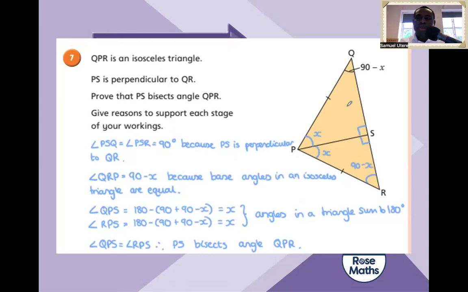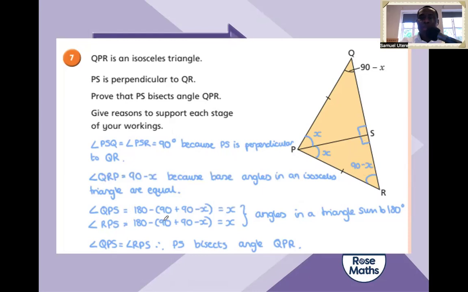If the base angles must be equal, and this angle were X and this is X, then whatever is left would have to be, if we add X, we know that is 90, then it means 180 minus 90 add X should give us whatever is left. So it's a bit like saying this angle here should be 90 minus X.